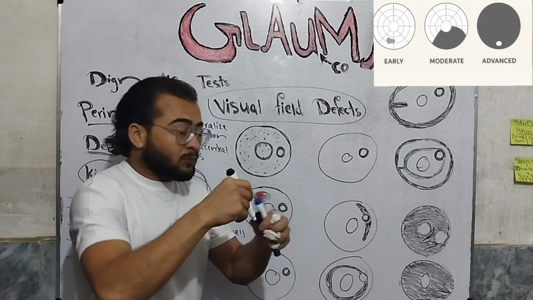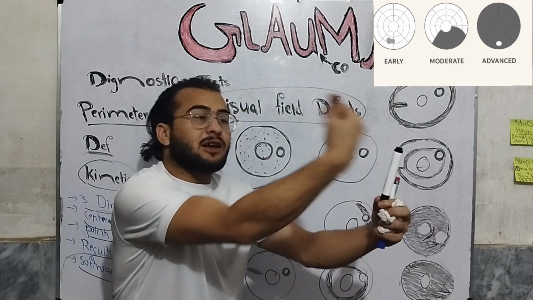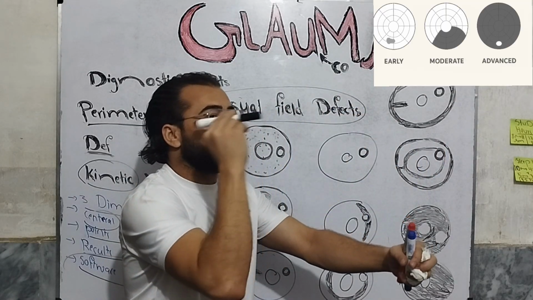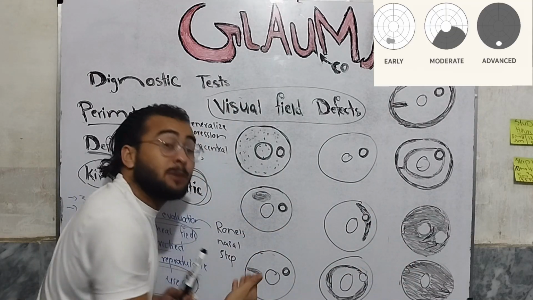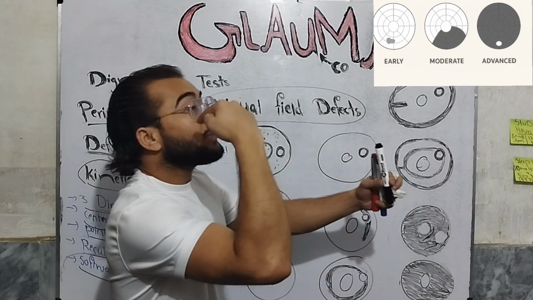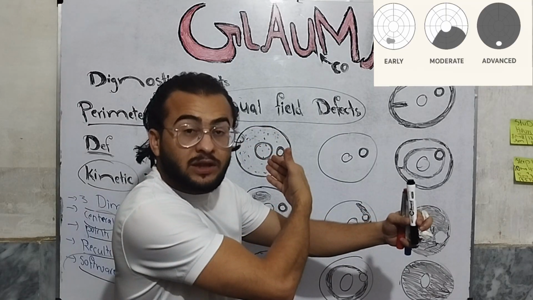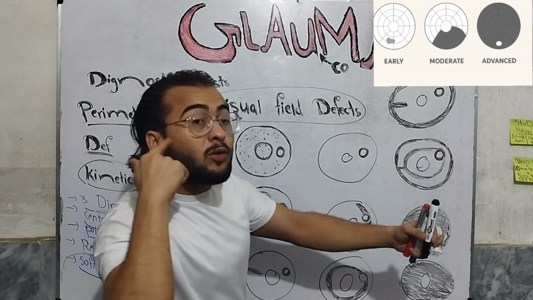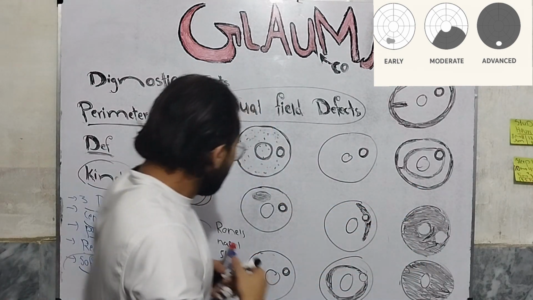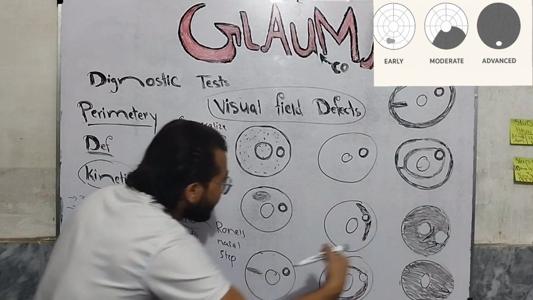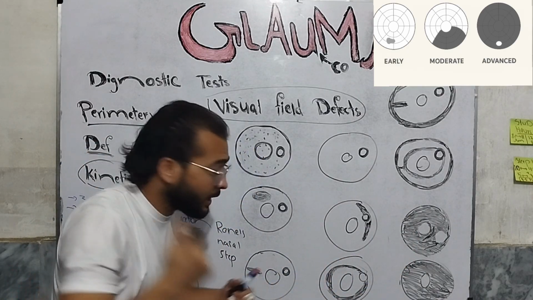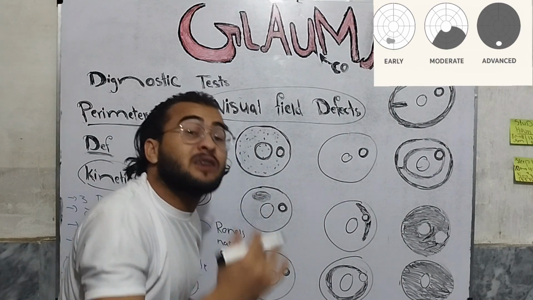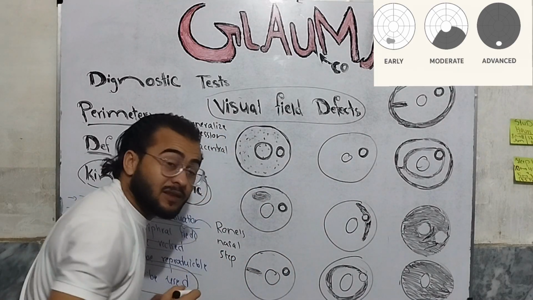As we know, the light rays converge: the light from the temporal side converges on the nasal side of the retina, and the light from the nasal region converges on the temporal side of the retina. So this nasal step is because light is coming from the nasal side, and that's why this defect is on the nasal side in a step form. This is called Ronne's nasal step.